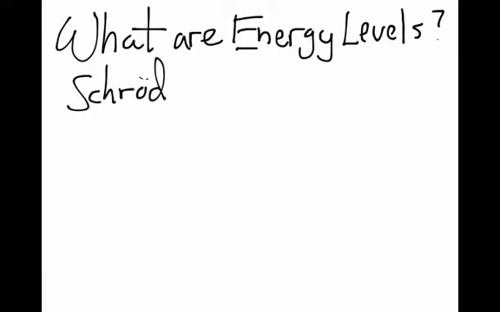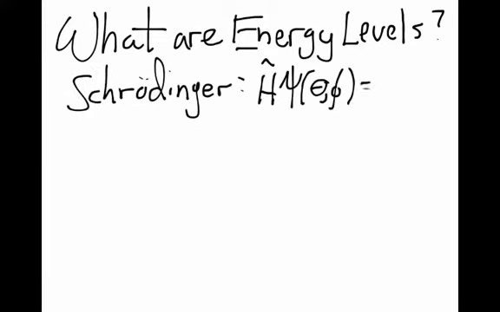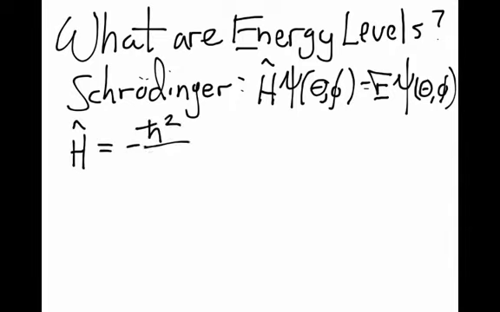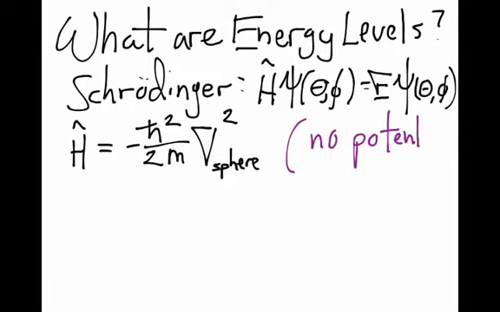So to set up the Schrodinger equation, it's always H psi, but now that it's a function of theta and phi, is equal to E psi of theta and phi. And the question is basically, what's H? What's the Hamiltonian for the problem? Well, H is minus h bar squared over 2m times the second derivative, the Laplacian, now in spherical coordinates, and there's no potential.